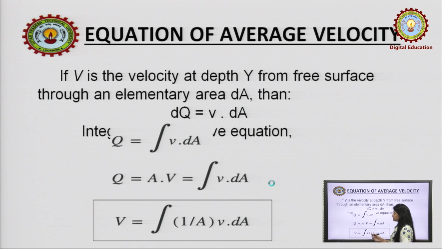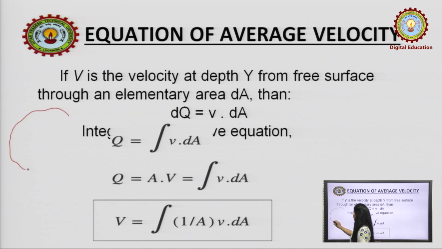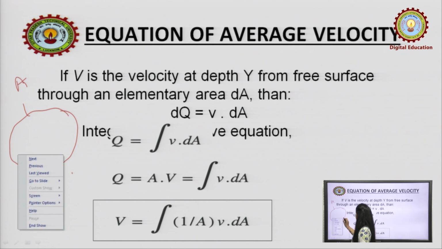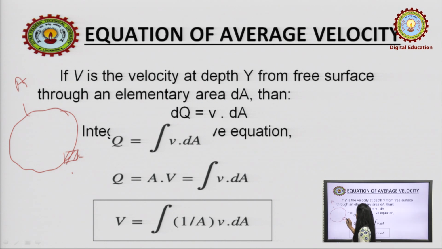For average velocity, let us consider an arbitrary area, capital A. We can consider one elementary portion dA.